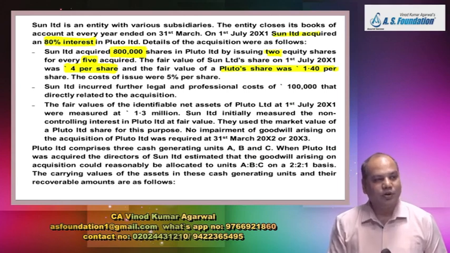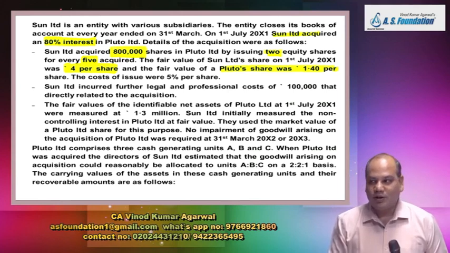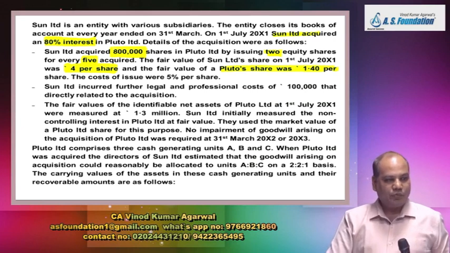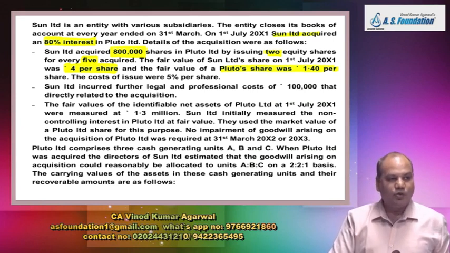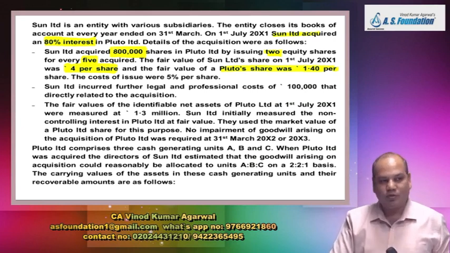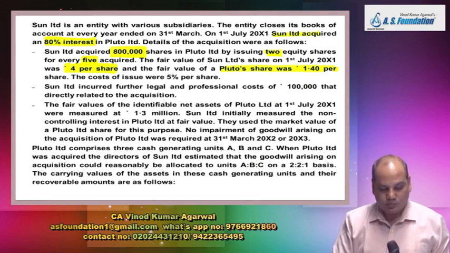Their number will be 2 lakh. 80% is 8 lakh, 20% is 2 lakh. 2 lakh into 1.4 gives the fair value of non-controlling interest based on the market price of the Pluto Limited share. How much? 280.